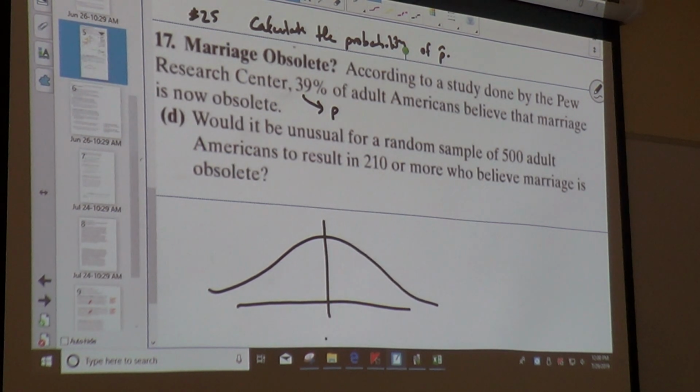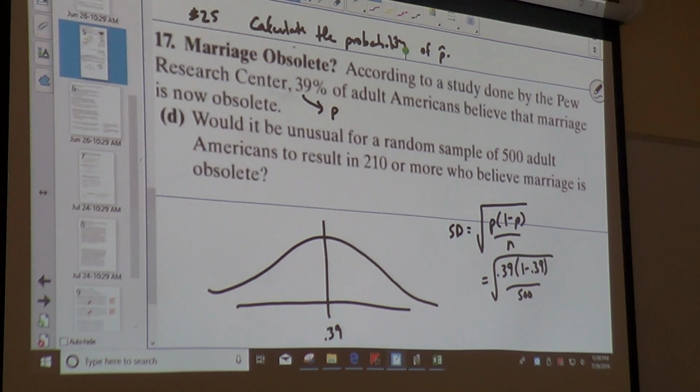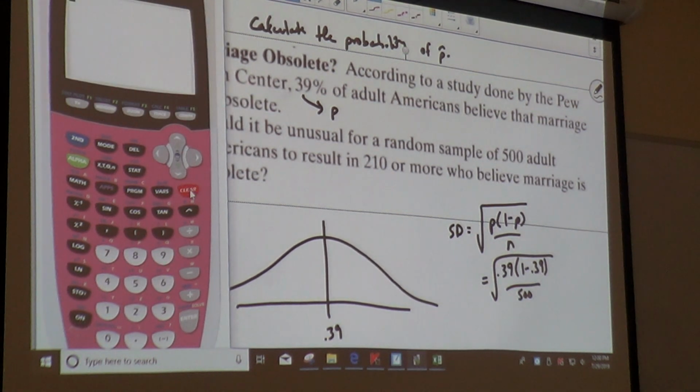That's going to be what goes in the middle. That's like your mean, which means we need to know the standard deviation. The standard deviation is going to be the square root of P, 1 minus P over N. So that's going to be 0.39 times 1 minus 0.39 all over N, which was your total sample size, which was 500.